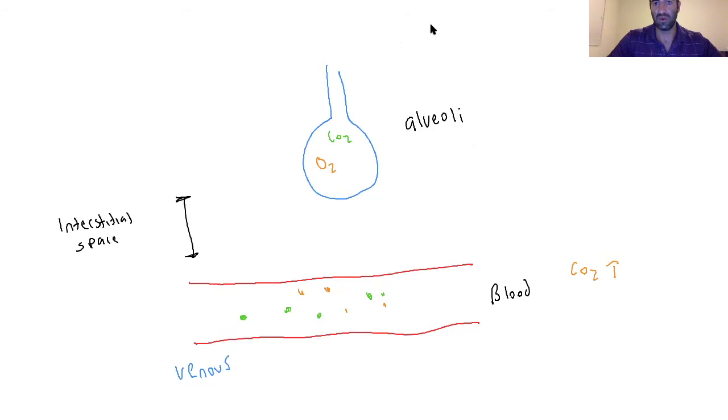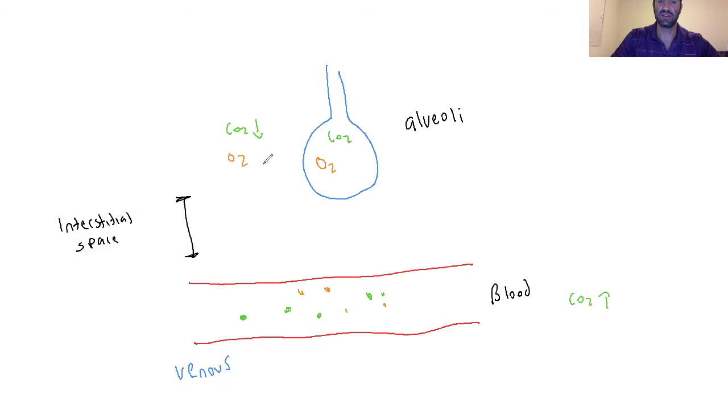Actually, I did that the wrong color. Let me change it or else it'll bother me. Okay. So we see that CO2 is actually higher in the blood than it is in the alveoli. Now we see that the inverse is true with oxygen.